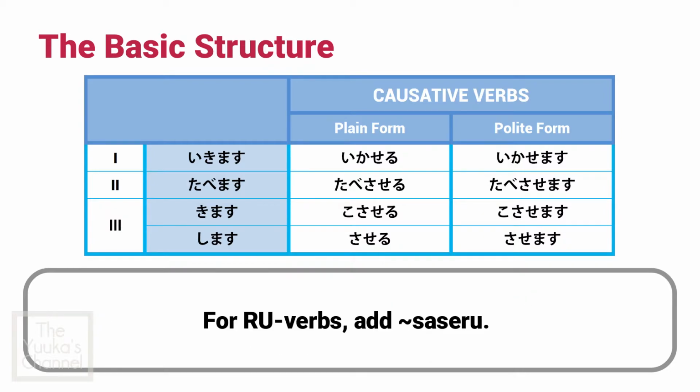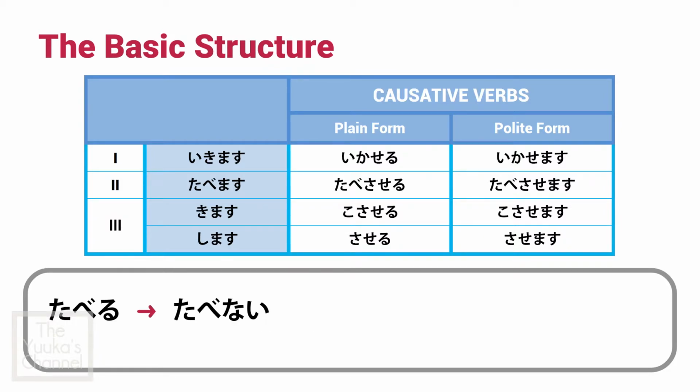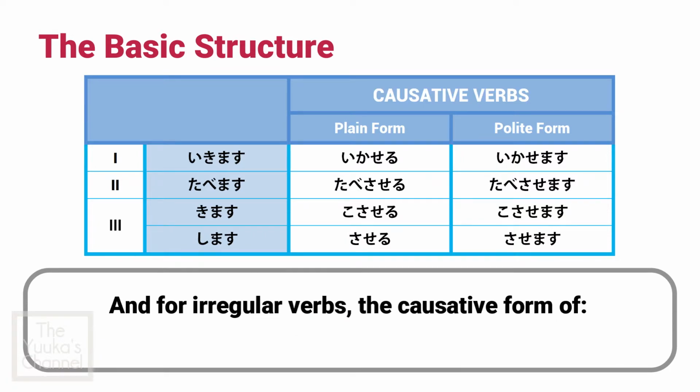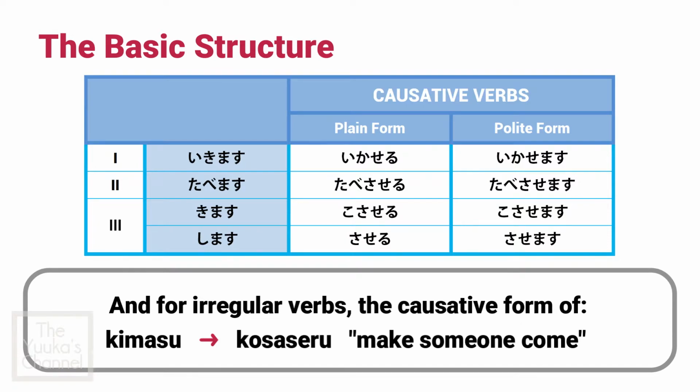For ru verbs, add saseru. Tabenai is the negative form of taberu. The negative stem tabe plus saseru becomes tabesaseru. Make someone eat. And for irregular verbs, the causative form of kimasu is kosaseru.